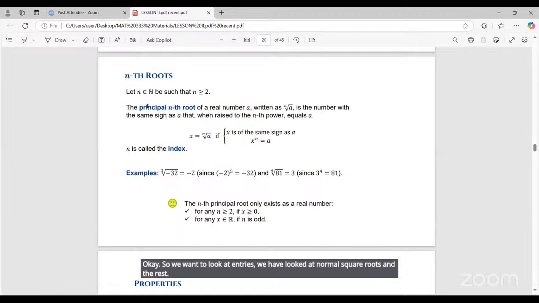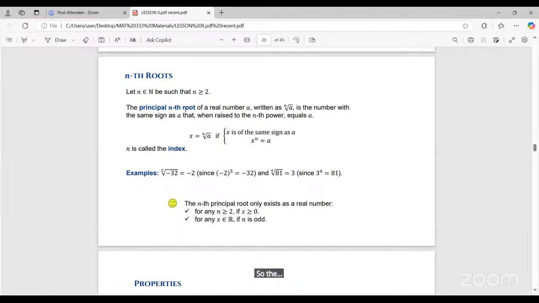The principal nth root of a real number a, written as the nth root of a, is a number with the same sign as a when raised to the nth power. If x is of the same sign as a, x to the power n equals a. n is called the index.